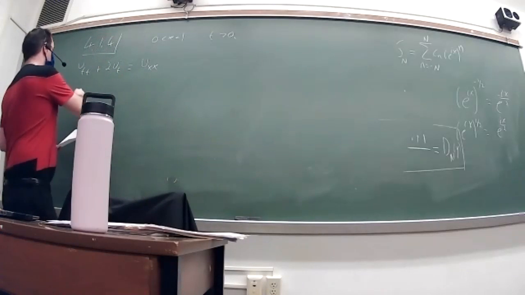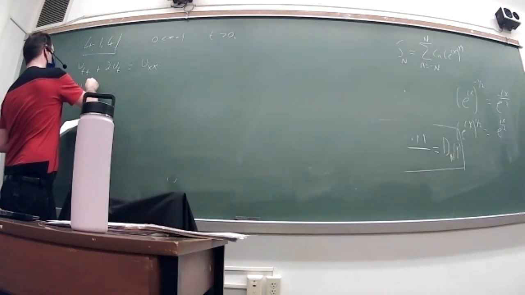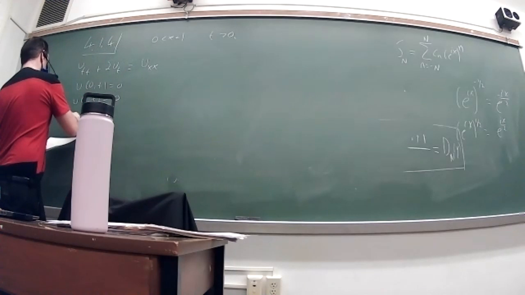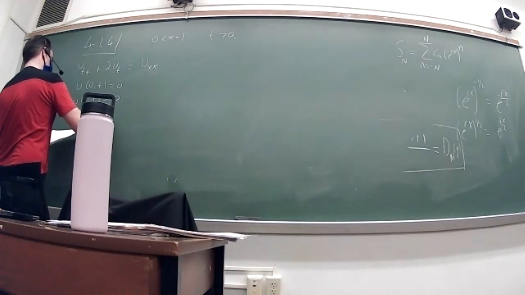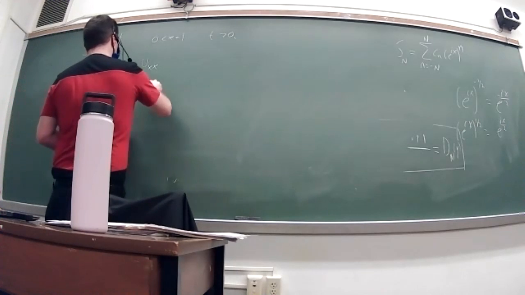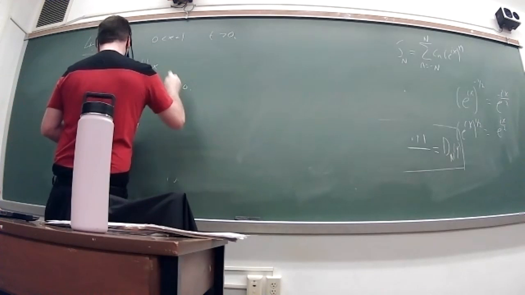And you had some boundary conditions that u(0,t) equals 0, u(1,t) equals 0, u(x,0) equals f of x, and u_t(x,0) equals 0.